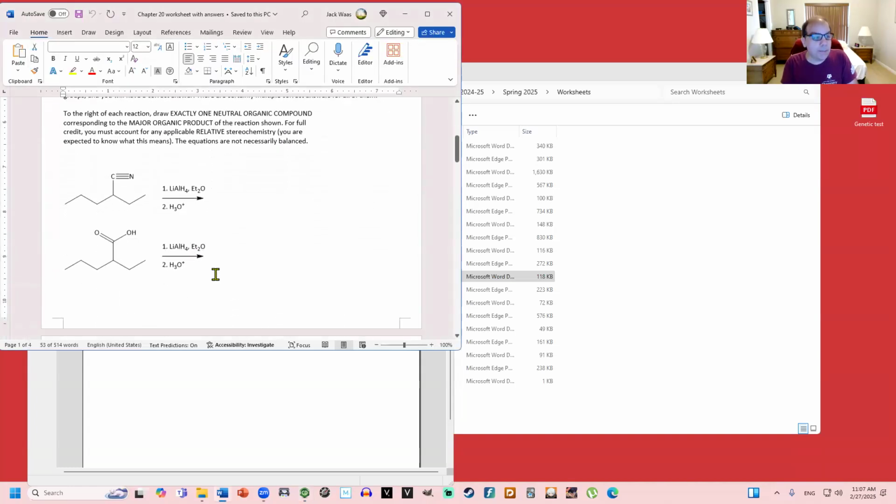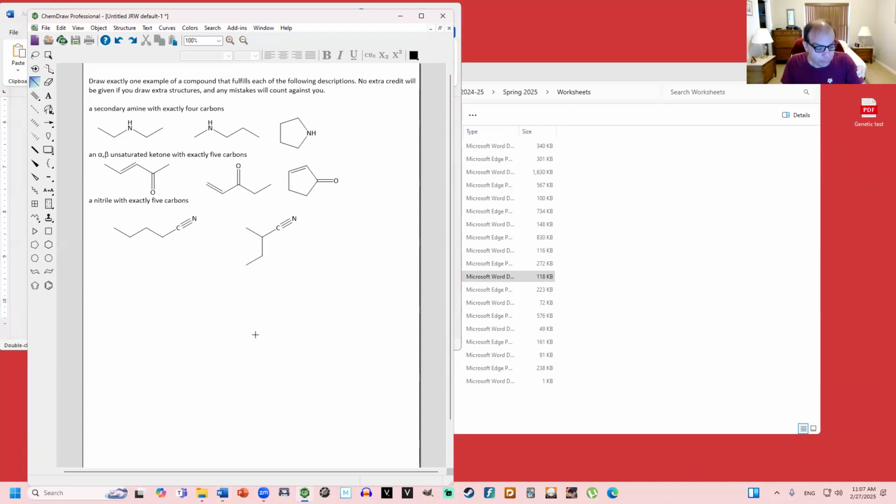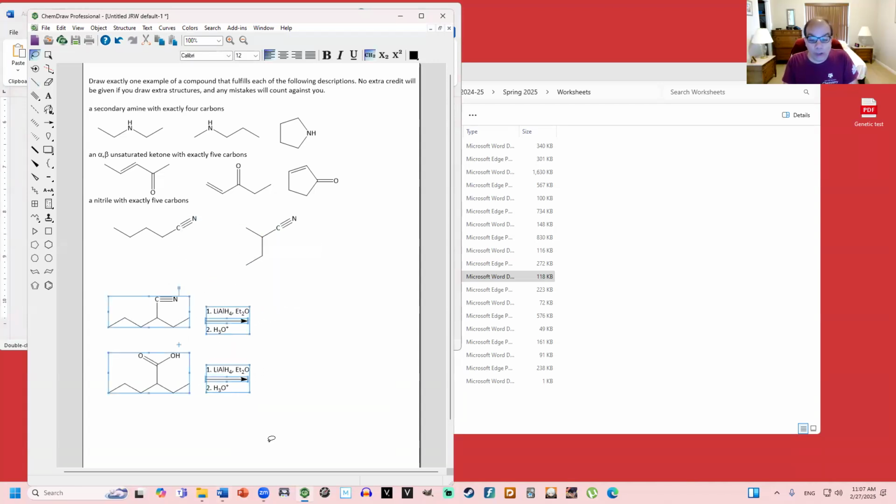We have a couple of reaction questions over here. And here we need to put in just one structure, exactly one structure corresponding to the single major organic product. Should always be a neutral molecule. The first reaction is reduction of a nitrile with lithium aluminum hydride, followed by an aqueous acid workup.